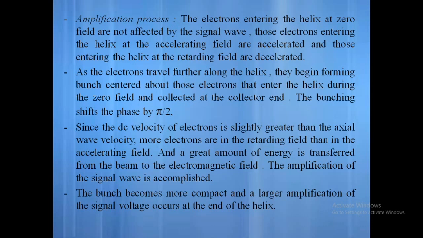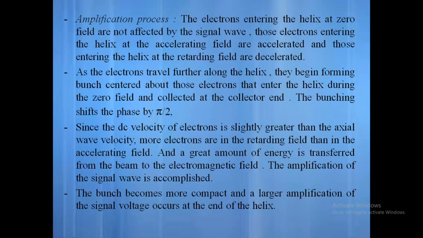Whenever the energy is transferred from the electron beam to the helical structure, there is a chance of an increase in electric field. How is it increased? During the negative cycle the bunches will form, meaning a high number of electrons will be there, which affects the electric field concentrated due to the helix.